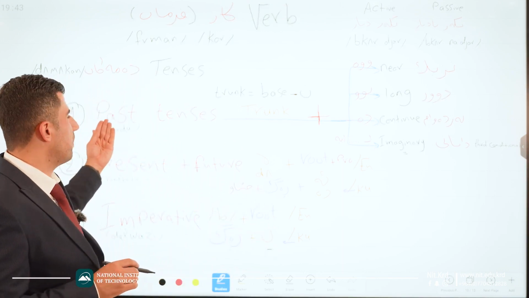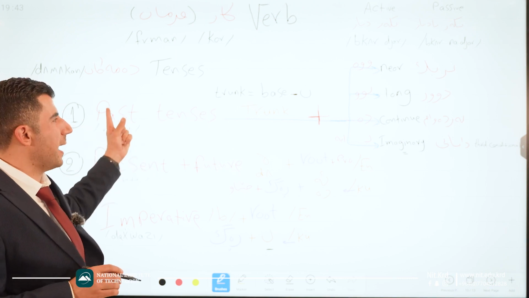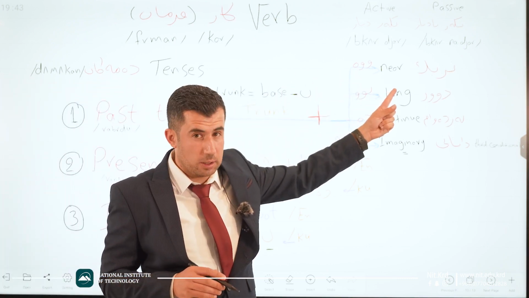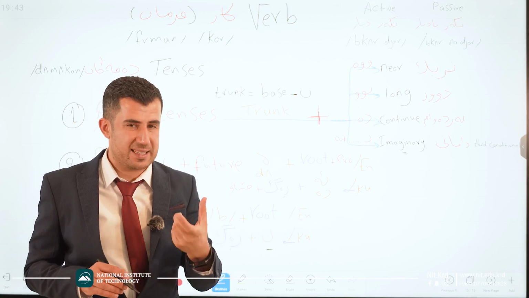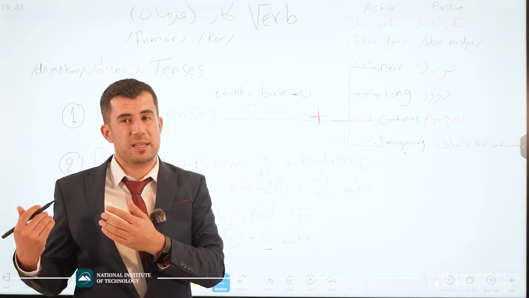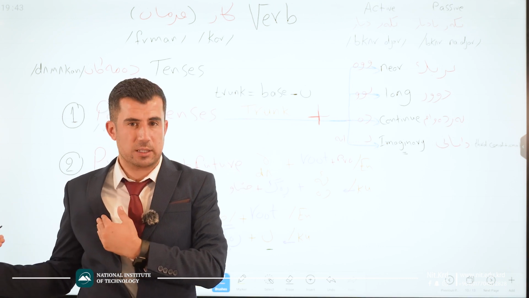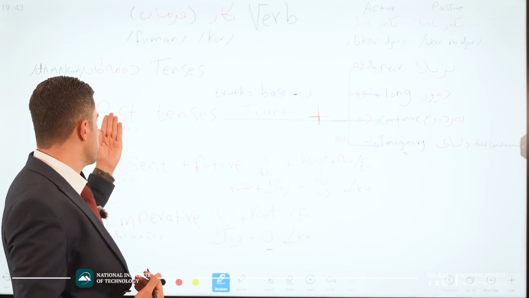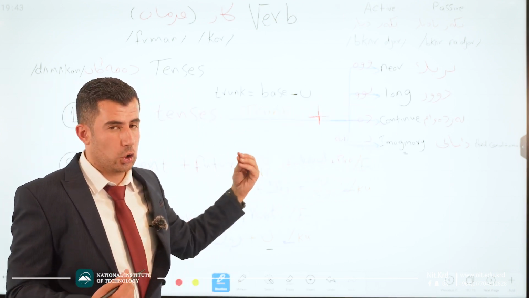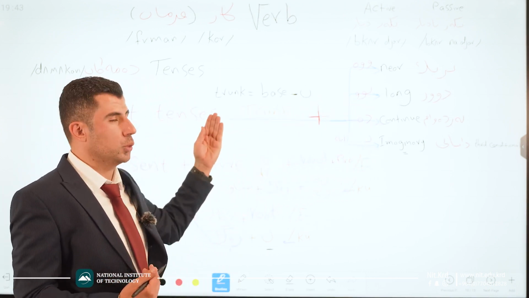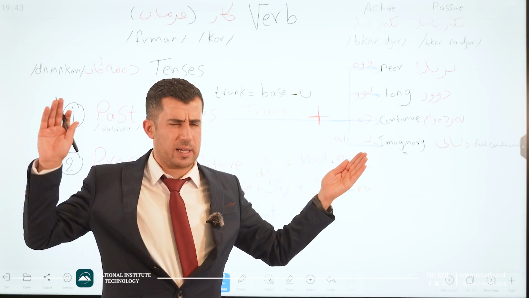For example, the first past tense is past near, because in Kurdish we have raberdui nizik, near. It means something happened recently, near now. The second one is past long. In Kurdish we say raberdui dur, long time ago.